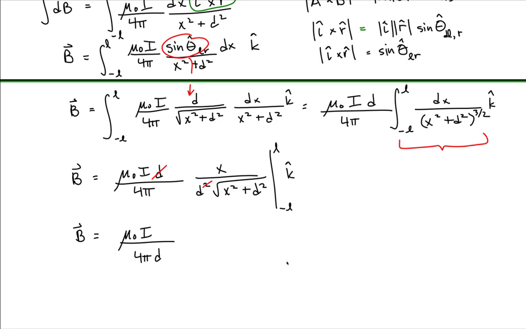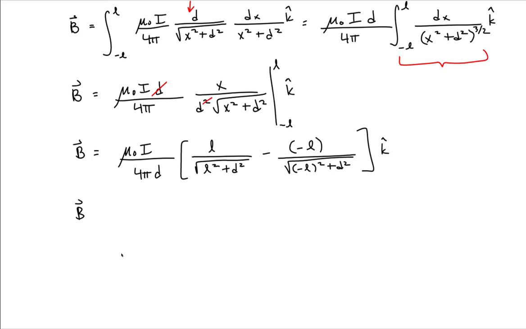And then now, plugging in our limits of integration, we have L over the square root of L squared plus d squared minus minus L over the square root of L squared plus d squared.